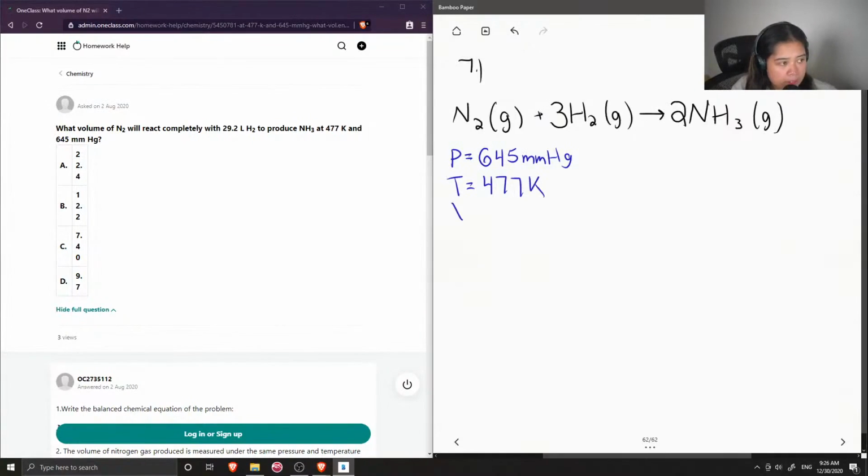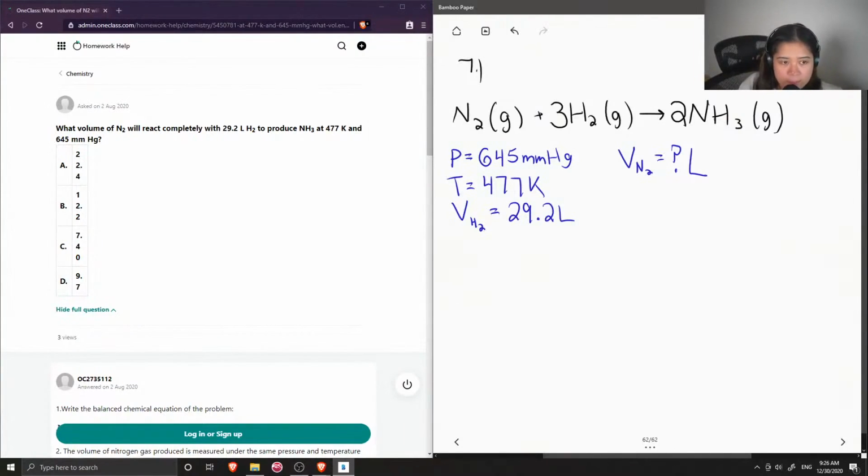And they give us the volume of hydrogen, which is 29.2 liters. And we are looking for the volume of nitrogen, which is question mark liters.